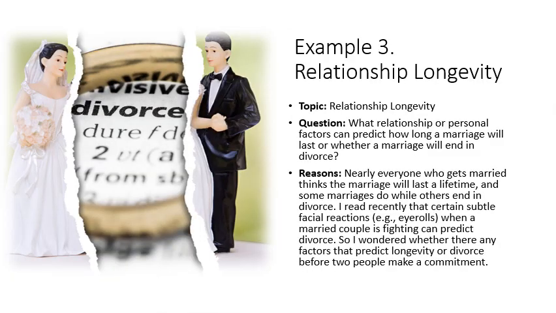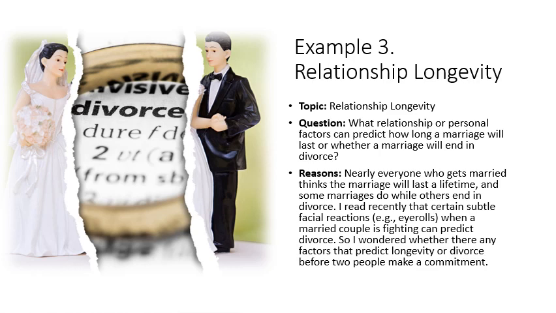Example 3 is relationship longevity. That's my topic. The question is, what relationship or personal factors can predict how long a marriage will last, or whether a marriage will end in divorce? And my reasons are, nearly everyone who gets married thinks the marriage will last a lifetime, and some marriages do, while others end in divorce.